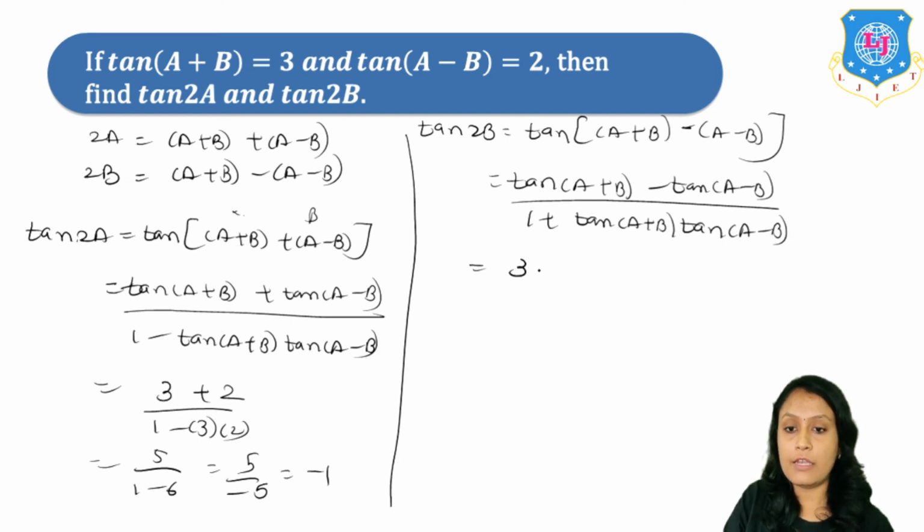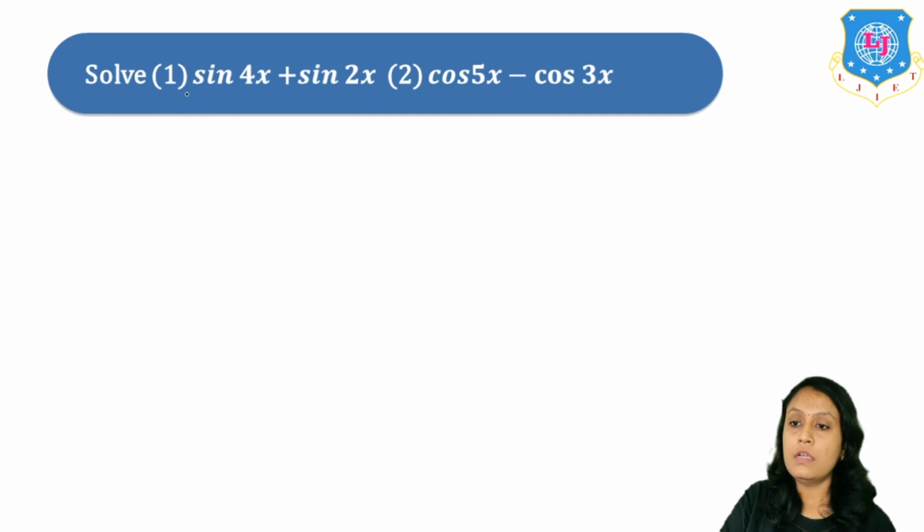Again substitute the values, so you will get 3 minus 2 upon 1 plus, here multiply, so it will give you 6. So the final answer is 1 upon 7. Alright. Now let's solve a few more examples.